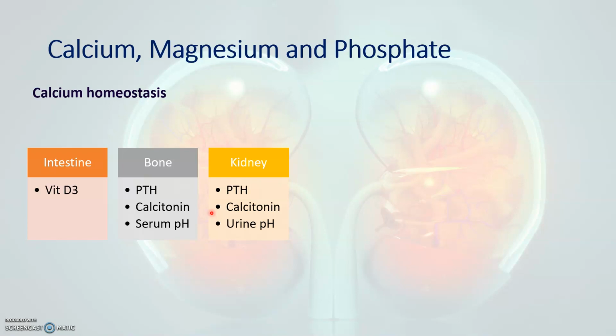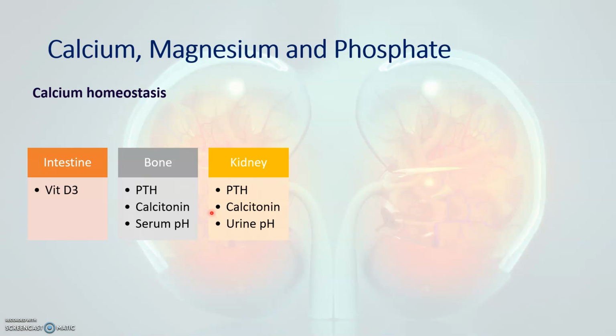Any increase in absorption of calcium from external sources must come from the intestine. The bone is the main reservoir for this cation, and the kidney controls its excretion.